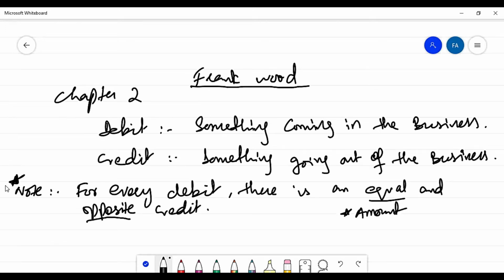So if you receive $4,000 in your bank, what is the reason for getting the 4,000? That will be specified in the question.